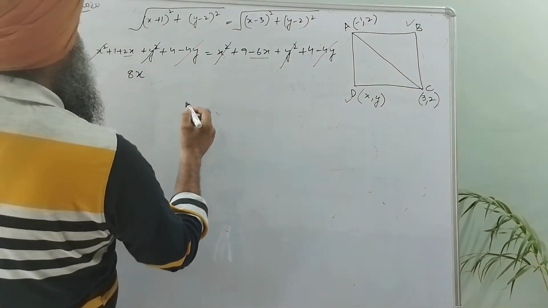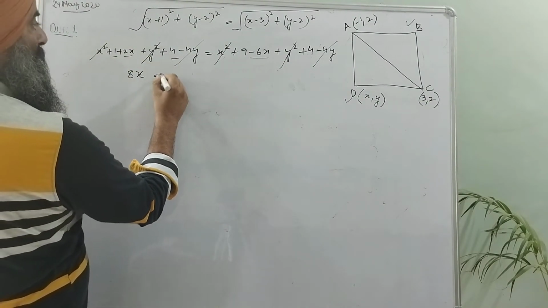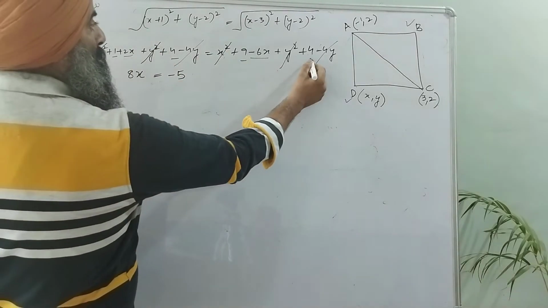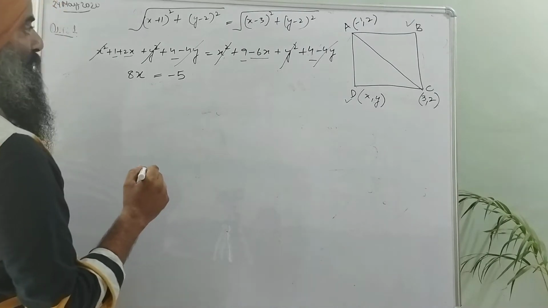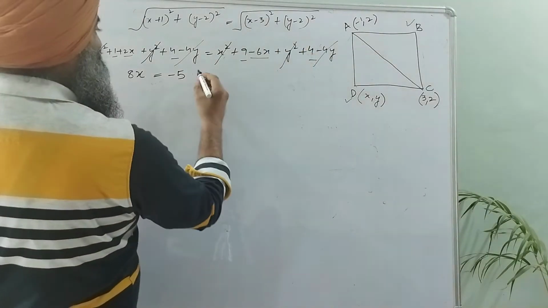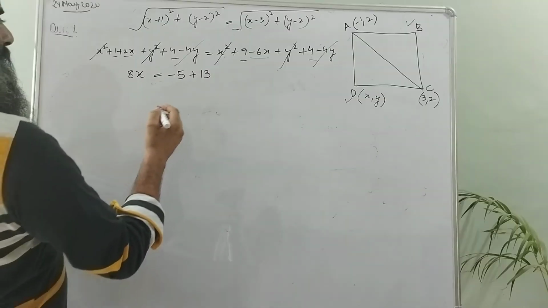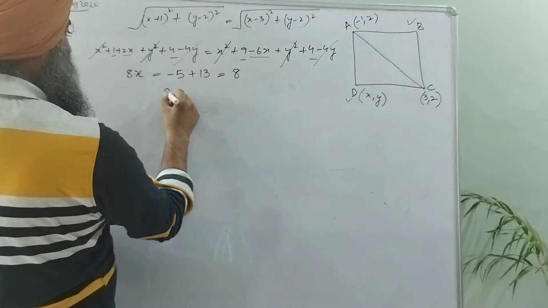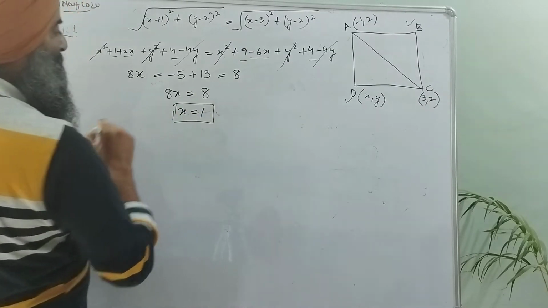Then 8x, this is 4 plus 1 is 5, is equal to minus 5, goes on the other side. This is 9 plus 4 is 13, so this is plus 13, am I right? Good. So 13 minus 5 is 8, so 8x is equal to 8, x is equal to 1, see that?